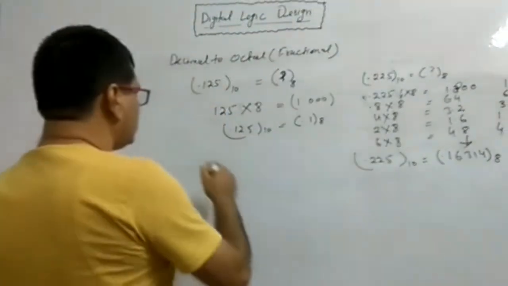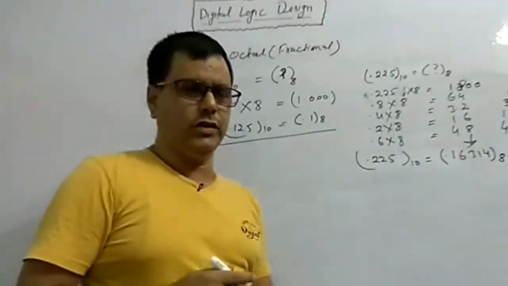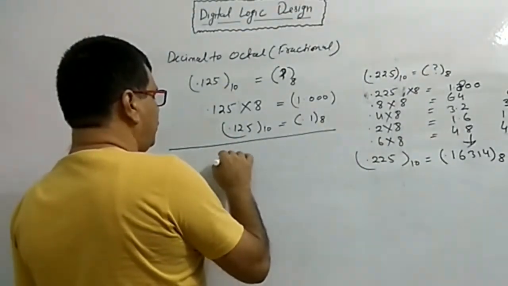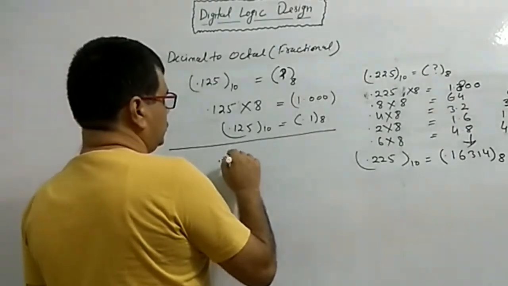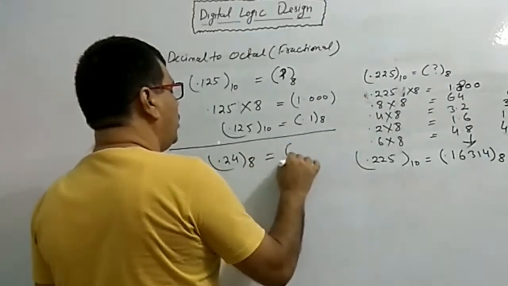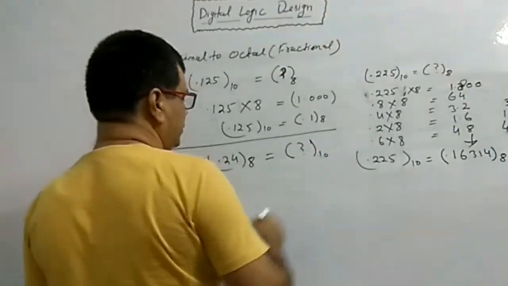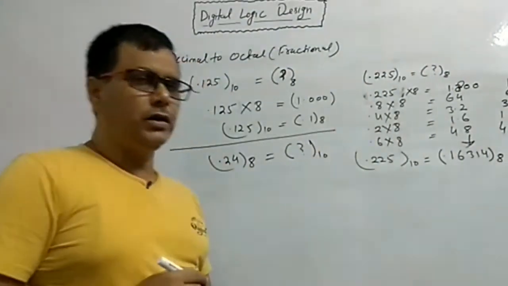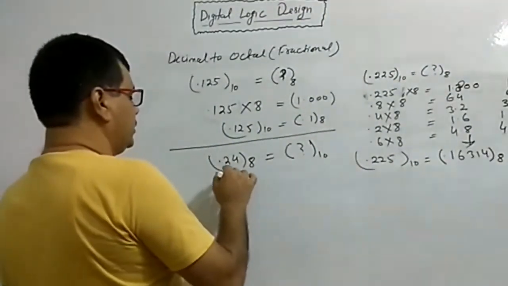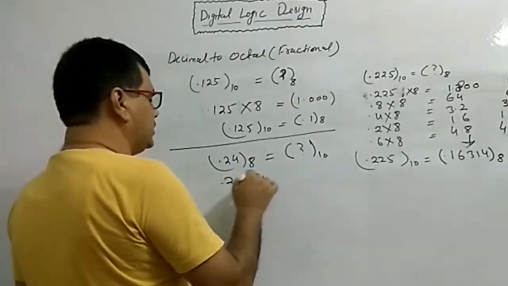And again, if we want the reverse process, for example, 0.24 in octal, what will be the equivalent decimal? Simply here we will write the corresponding weights.